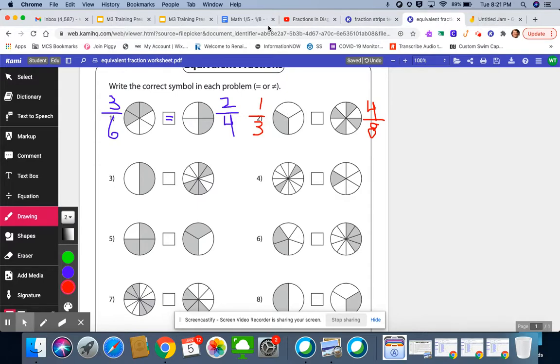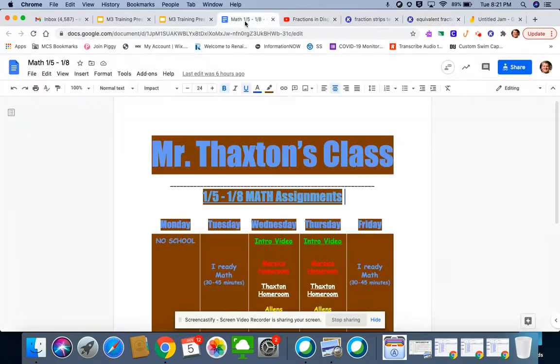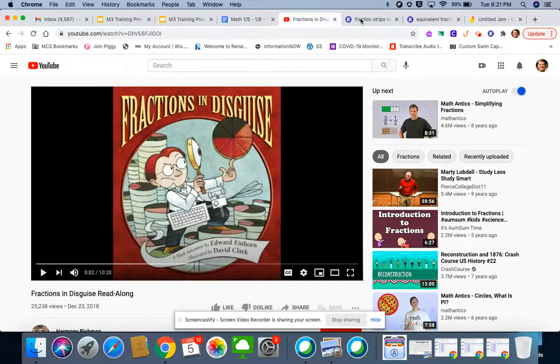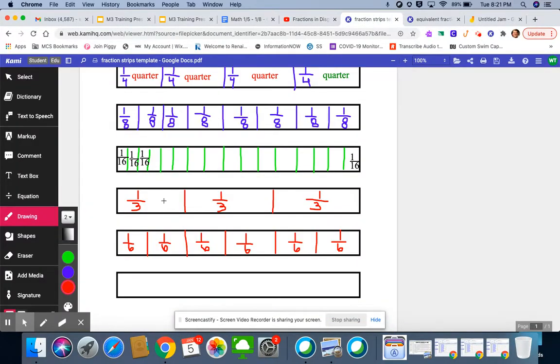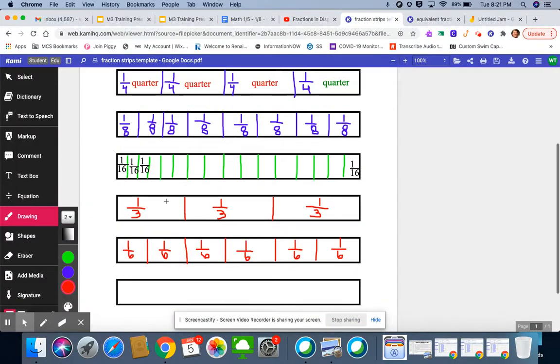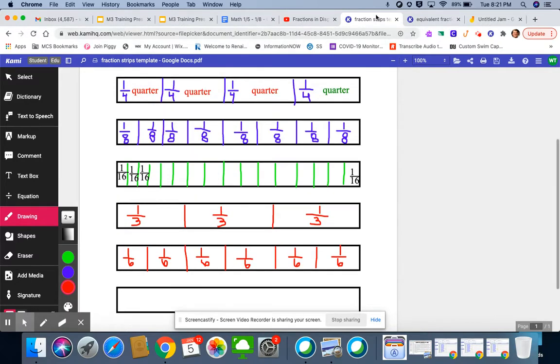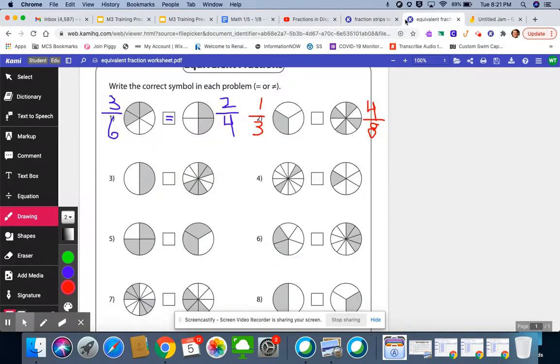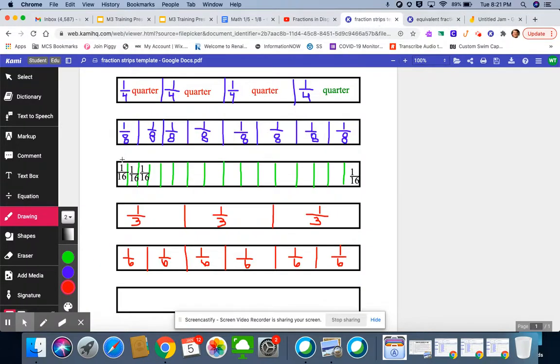So if we go back to our chart, and I'm looking at a 4/8, so 1, 2, 3, 4. So that's right here. And you take the 1/3, which is right here. So if you put those next to each other, which one's bigger?